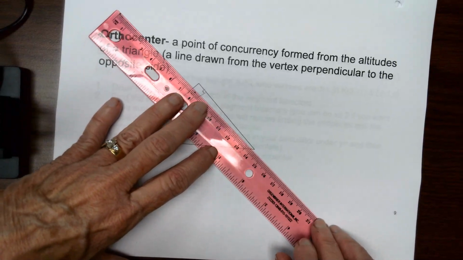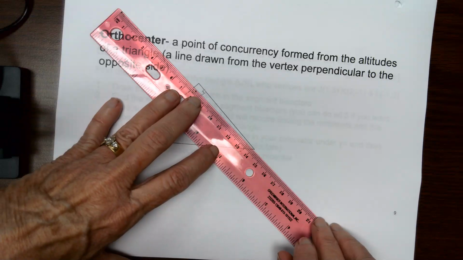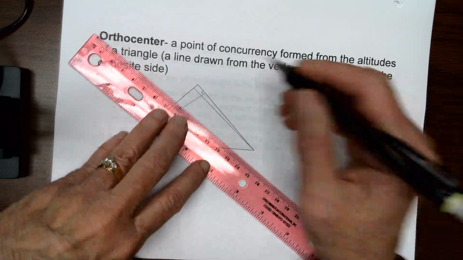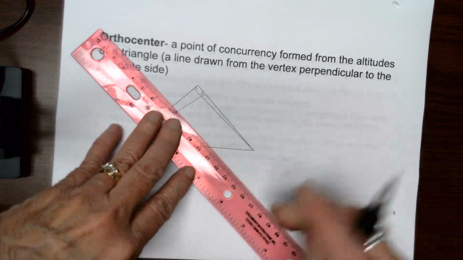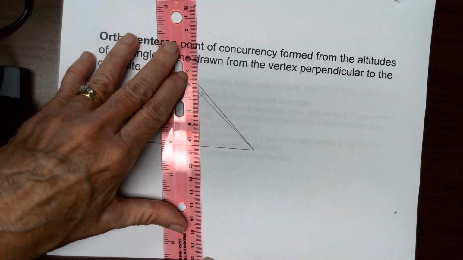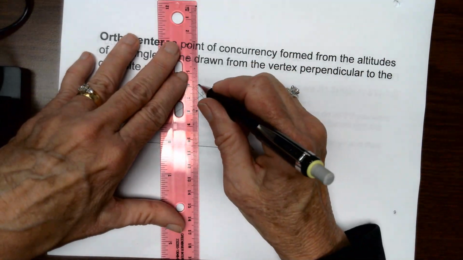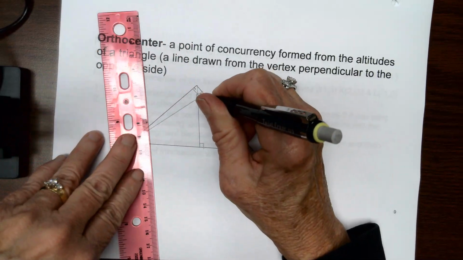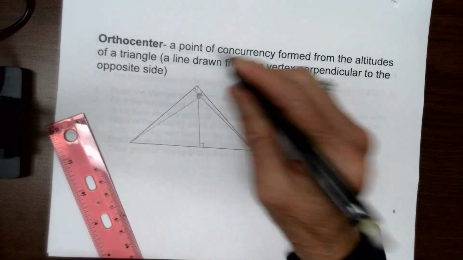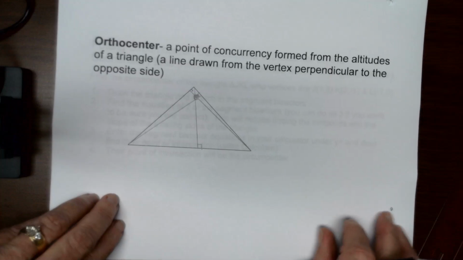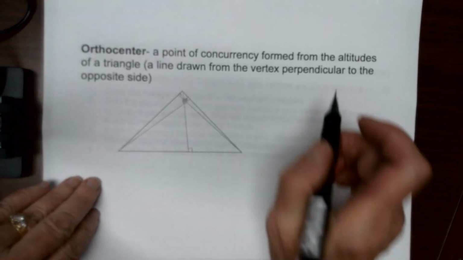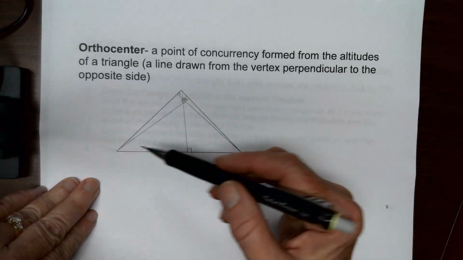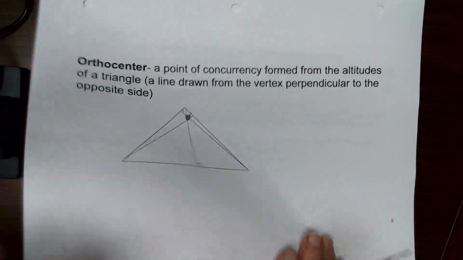Perpendicular on this side, and I'm just guessing here. It's going to hit it perpendicular, and then perpendicular on this side. So there is right there what you would call your orthocenter. It's a singular point. It's arrived through the altitudes, which are from the vertex perpendicular to the opposite side.